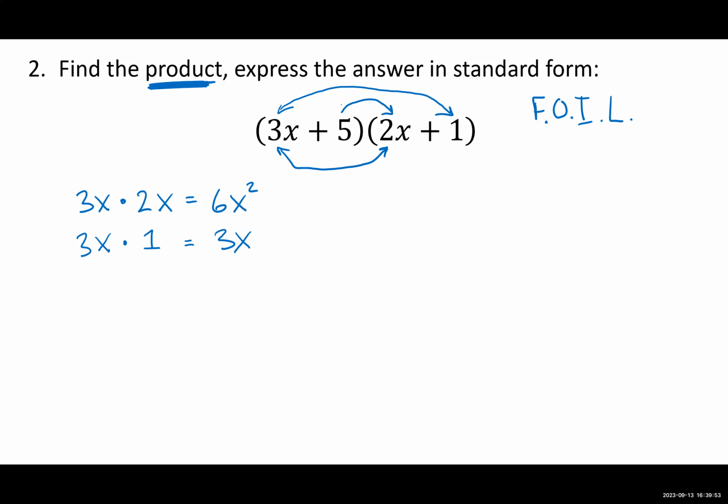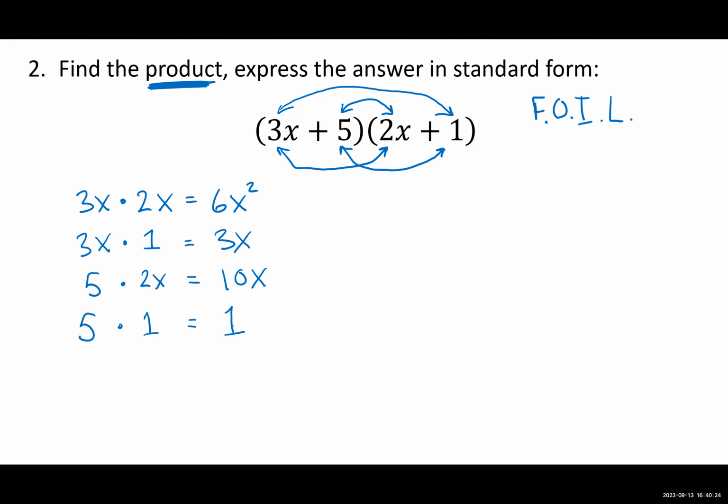That's the 5 and the 2x. 5 times 2x is equal to 10x, because 5 times 2 is 10. And L stands for last. Last times last would be 5 times 1, and 5 times 1 is equal to 5.